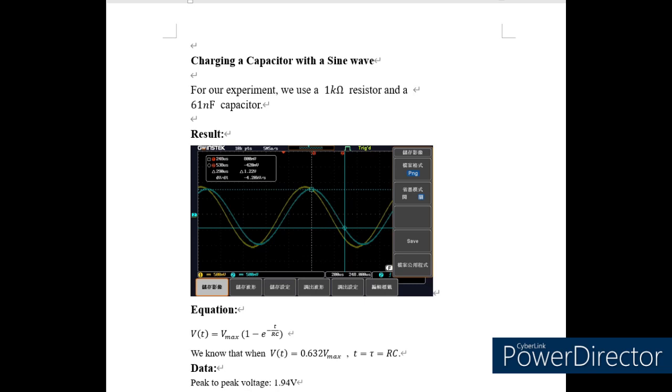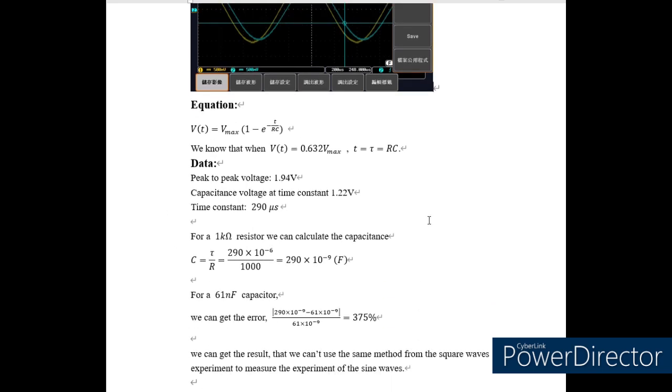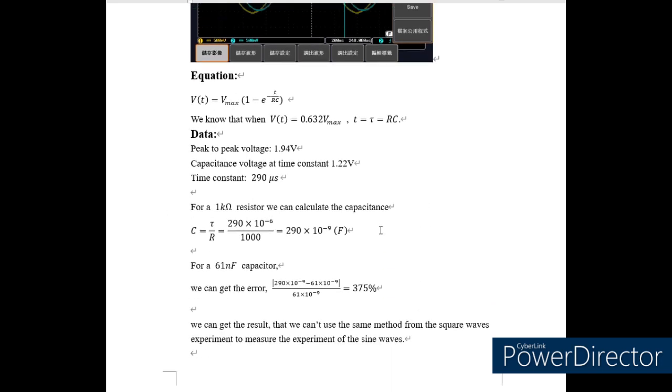So for this experiment, we are using the same methods as the previous one, but we change it to the sine wave, and this is our equation. And from the equation, we can calculate the capacitance is about 290 nanofarad, but we are using a 61 nanofarad capacitor, so our error is about 375%.